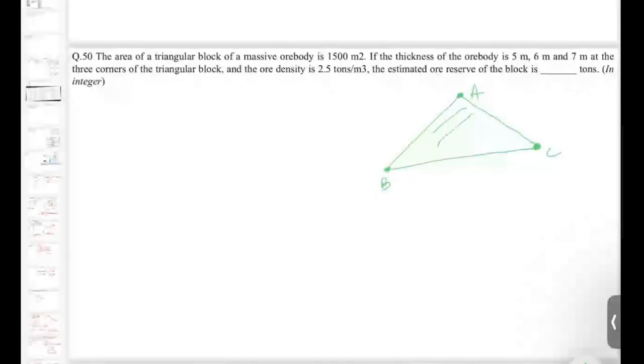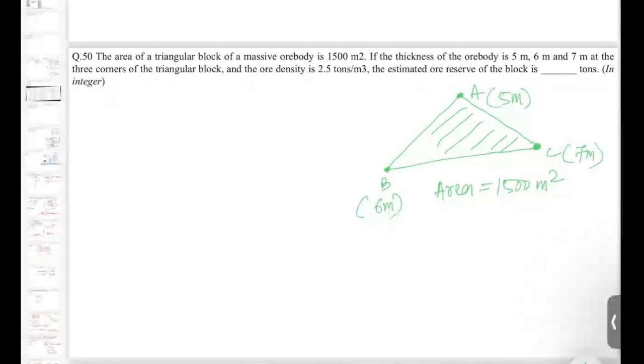At 3 different corners, they have unequal thickness. Suppose this is the area, equal to 1500 meters square. The thickness of this ore body here is 5 meters, here it is 6 meters, and here it is 7 meters.